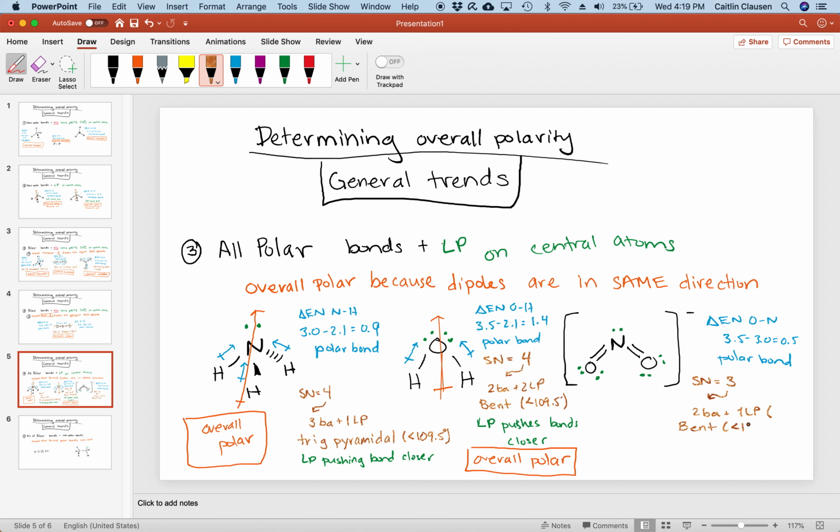We're at less than 120. For less than 120, that tells me that my vectors are not opposite. They are equal, but they're not opposite. They're pointing up towards that oxygen, towards those lone pairs. This molecule is overall polar.